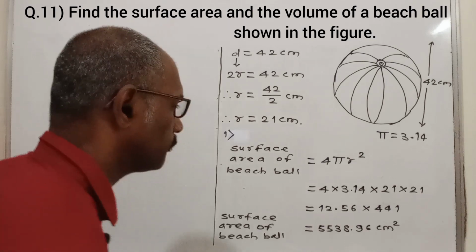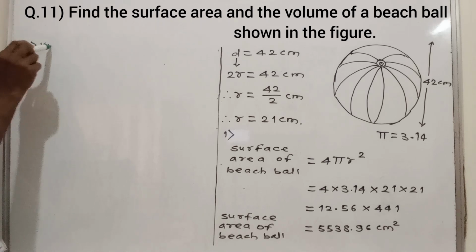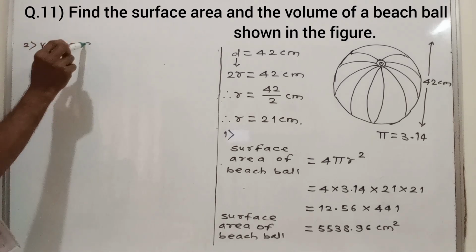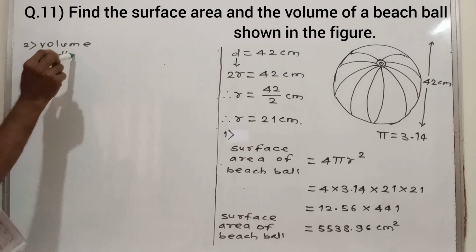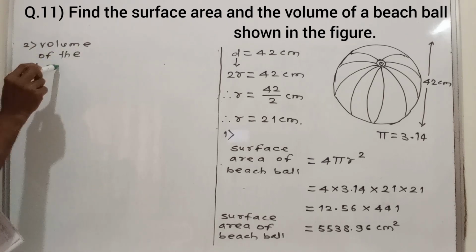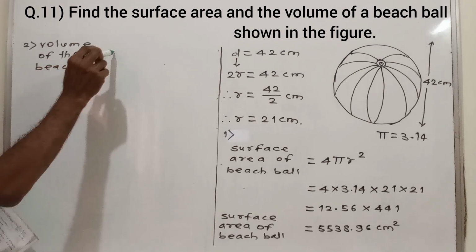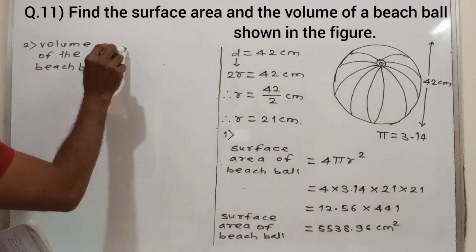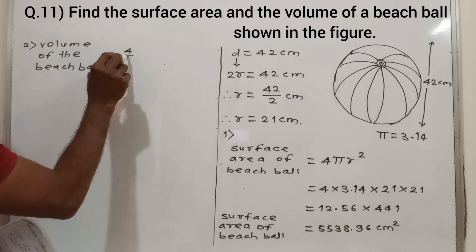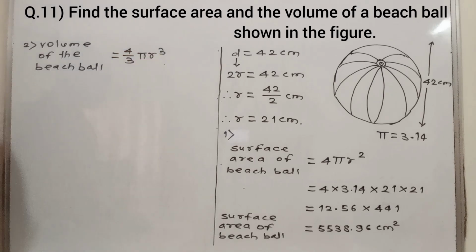Okay. Then the second, that is volume of the beach ball. Volume of this beach ball is equal to 4 upon 3 pi r cube.